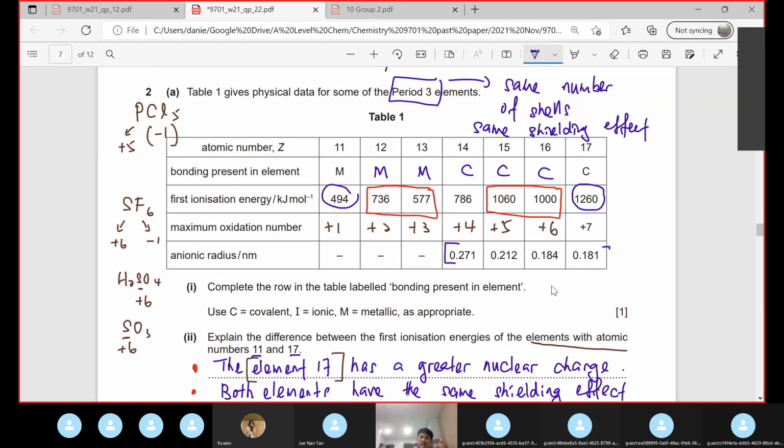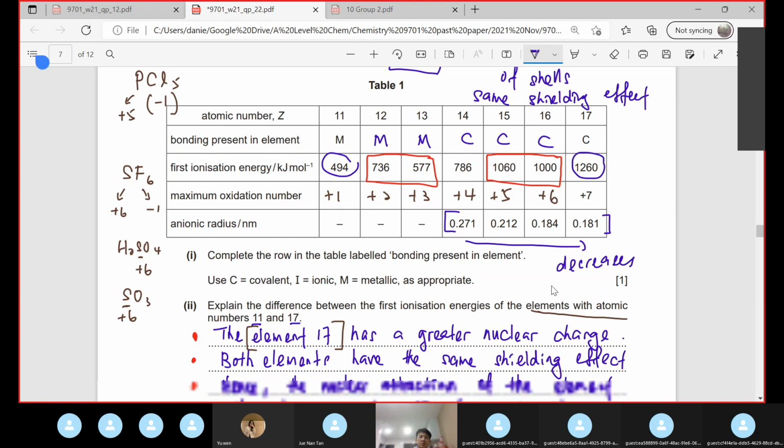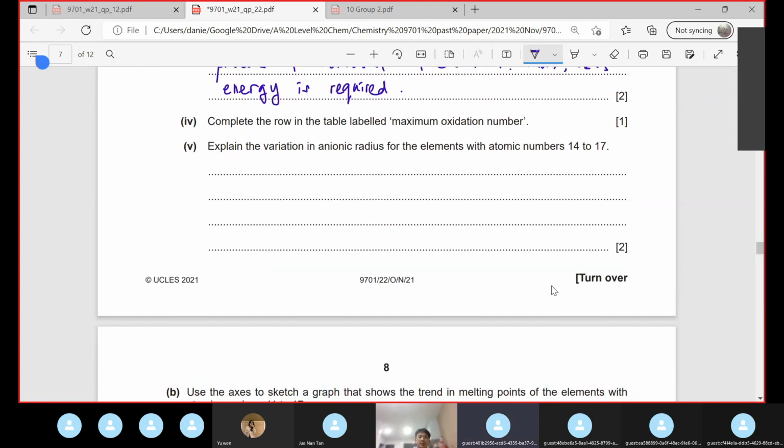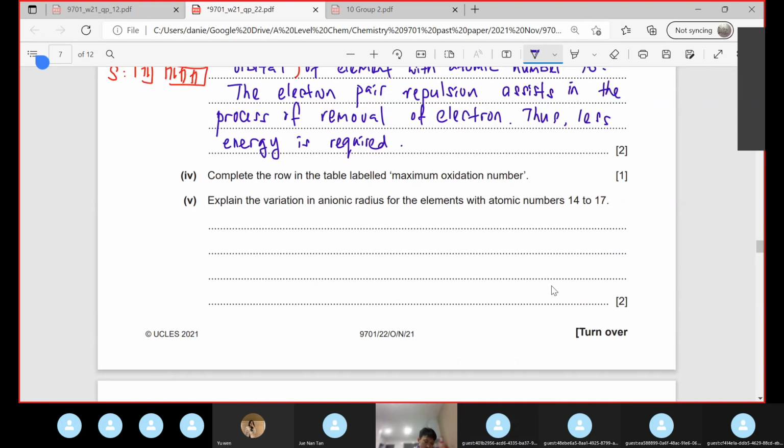So obviously it shows a decreasing trend. Then why does the anionic radius show a decreasing trend from element 14 to 17? Then you need to explain about the proton number and the number of electrons. The number of electrons here is very important.